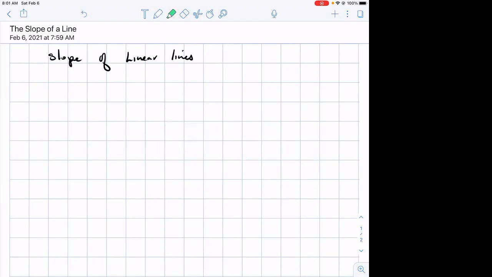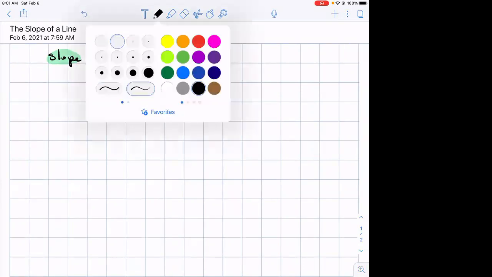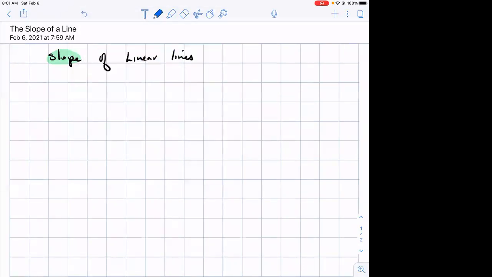Now, when we're talking about the slope, we're talking about the steepness of the slope. So, for example, if I look at this line here, we say that this line is not steep at all.